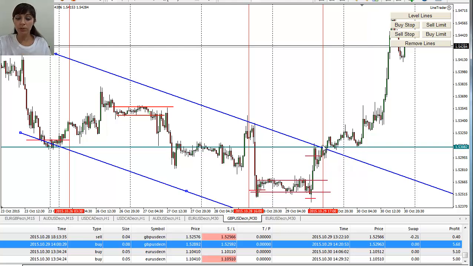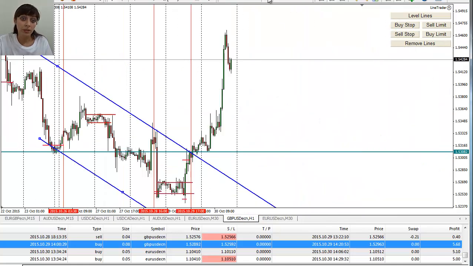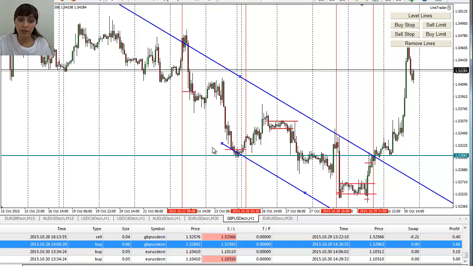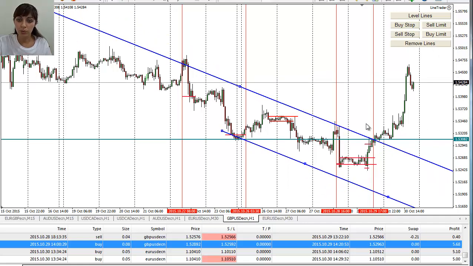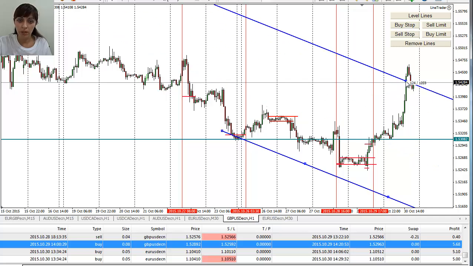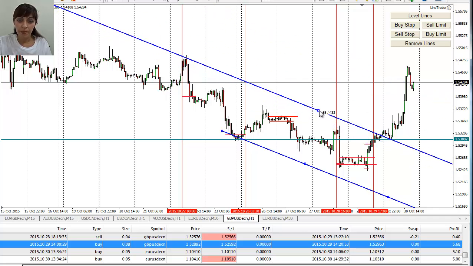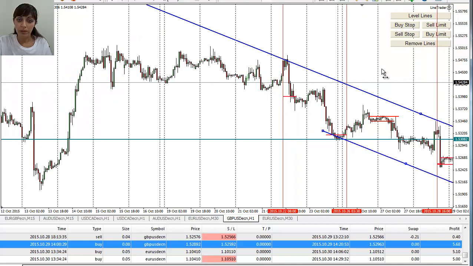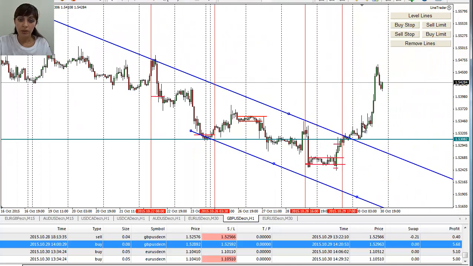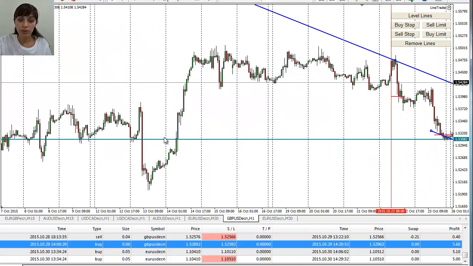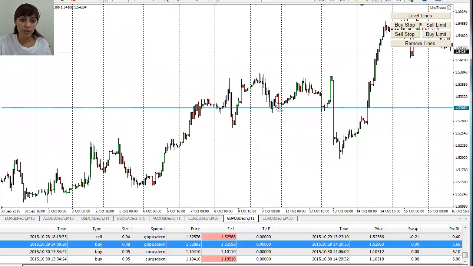Because it was close to this. Of course I could have placed the orders on this level and tried to catch that movement, but I didn't do that, because I'm not really following much pound news. I don't know if there was something for the pound out there, but it must be something important, maybe. Also, here one of the lines is using one of the bottoms, then there was another bottom here.